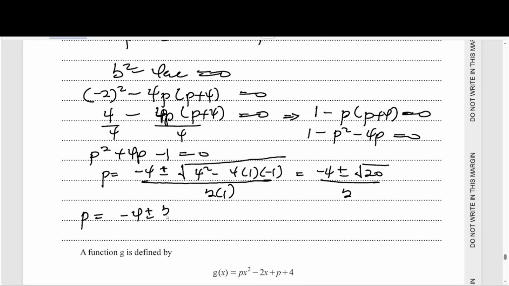So that is going to be 2 root of 5 all divided by 2, which is the same as -4 over 2 plus or minus 2 root 5 over 2. And then p is equal to -2 plus or minus root 5. So these are the values of p for which the function or the quadratic equation given would have repeated roots.